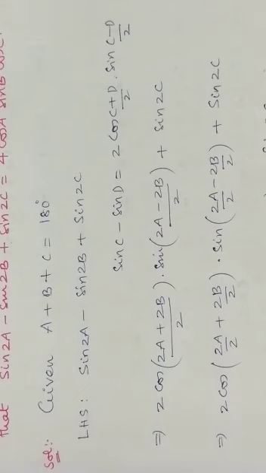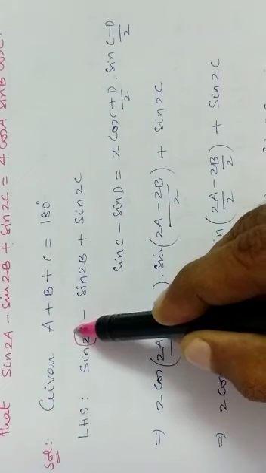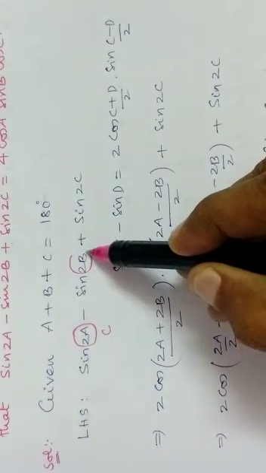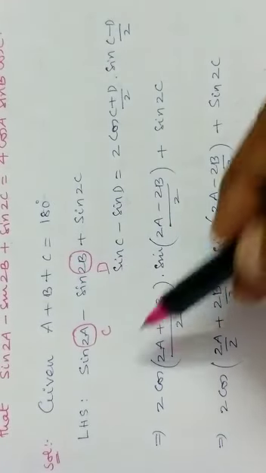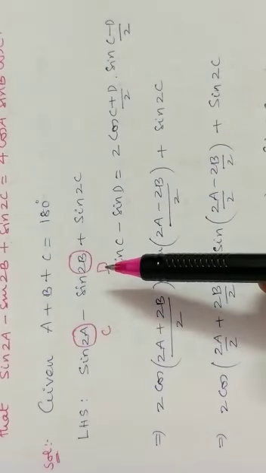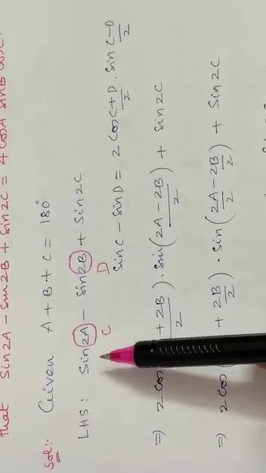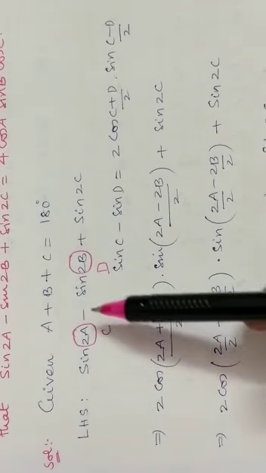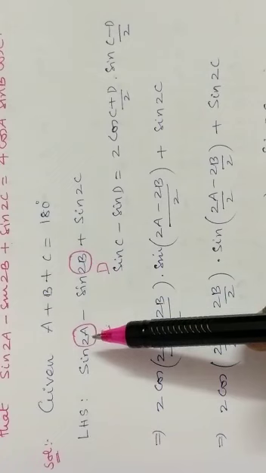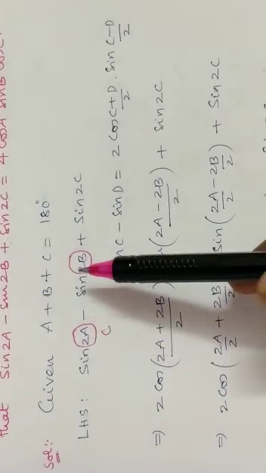Here, I shall treat this 2A as C and 2B as D. If I treat these two as C and D without disturbing this third part, we can see this is in the form of sin C minus sin D. If you observe, it is seen in the form of sin C minus sin D.